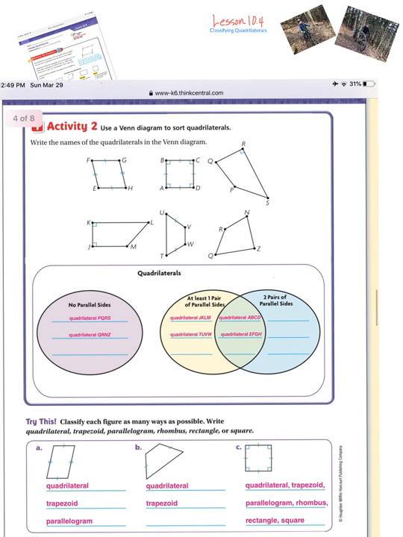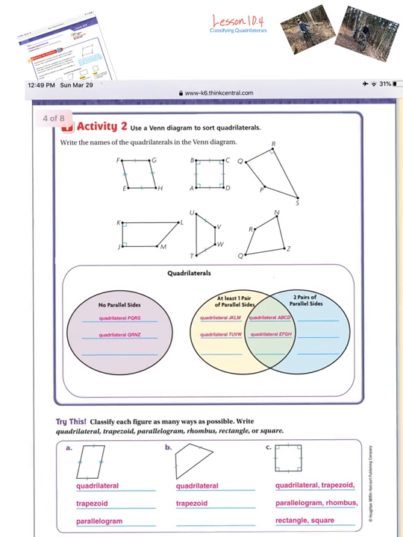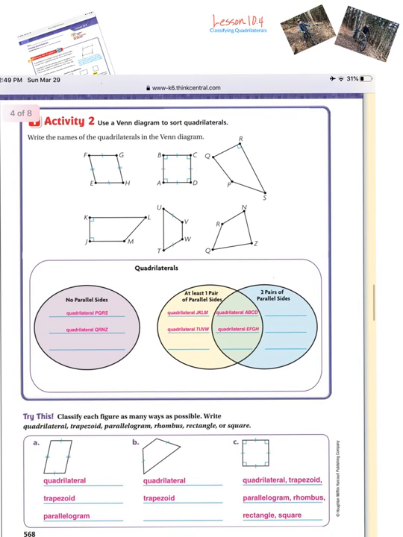Let's go ahead and take a look at writing the names of these quadrilaterals in the Venn diagram. We only see, I think, 2 that have no parallel sides, right? And so let me go ahead and see if you can identify those. The opposite sides, if you continued the lines for each of those line segments that are opposite of one each other, you're going to have intersecting lines, aren't you?